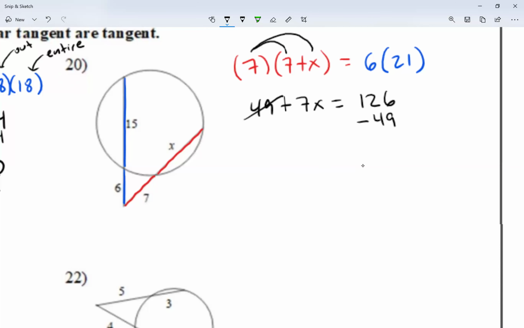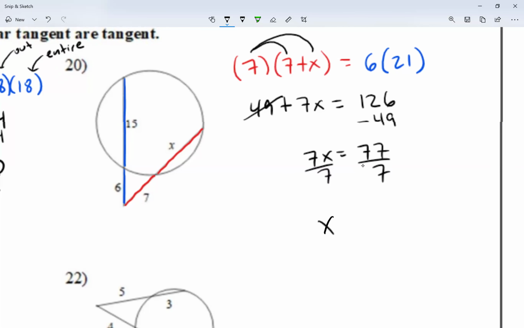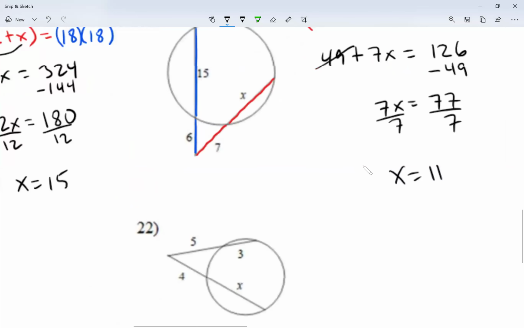Don't forget to switch the sign. So I get that 7x equals 126 minus 49 is 77. Now let me divide by the number in front of x. I'm going to get that x is equal to 11. Pretty simple, right? Take a look at a couple more examples.